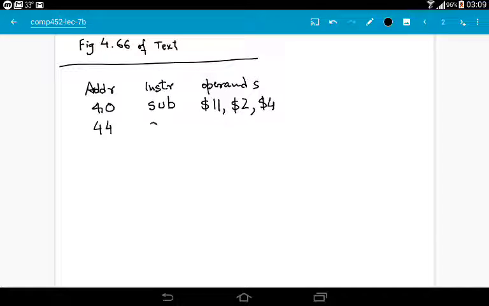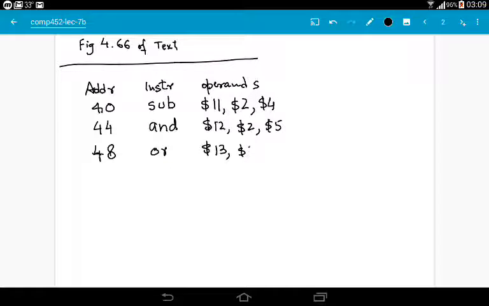At the next address we have AND instruction, with 12, 2 and 5. At the next address we have OR instruction, 13, 2, 6.